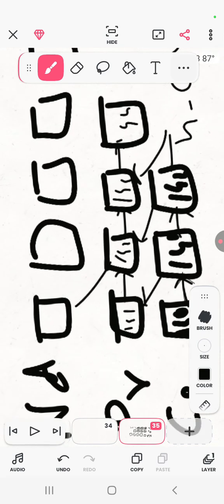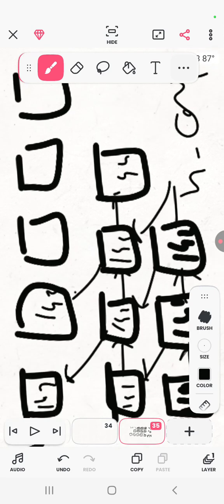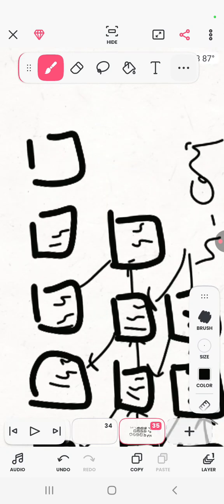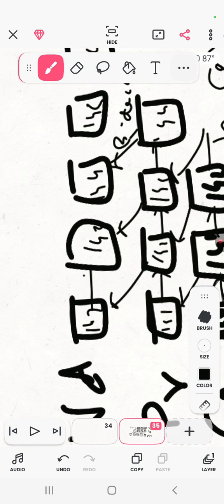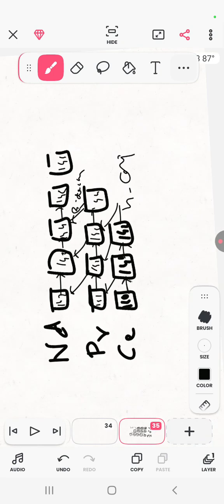Now the same happens for this one, 142, 143, 144, 145, 146. So these are the beta decays. The diagonal ones are the beta decay, and the straight arrows are the neutron captures. So that is how it happens.